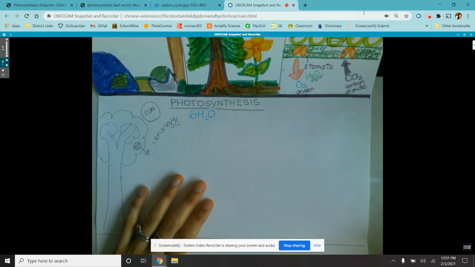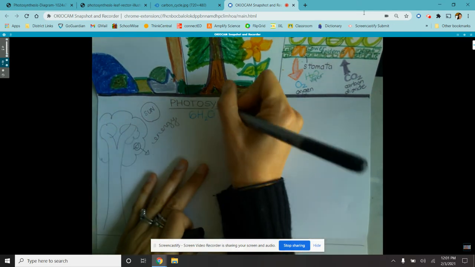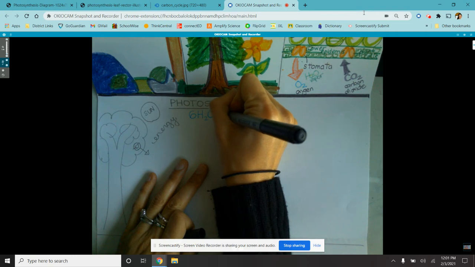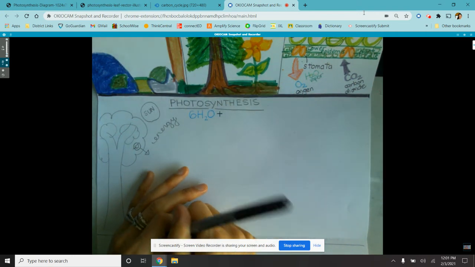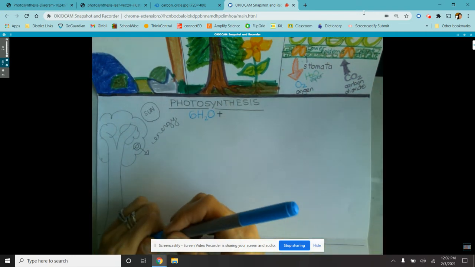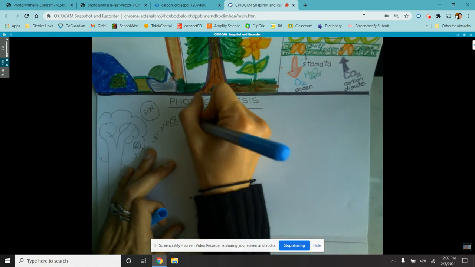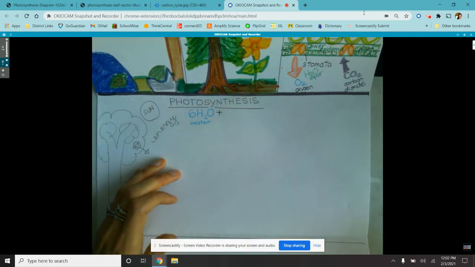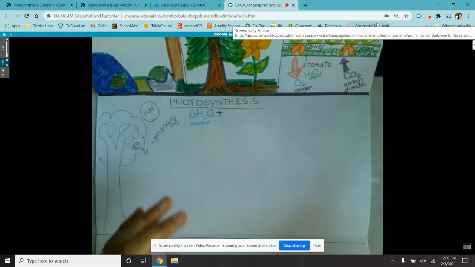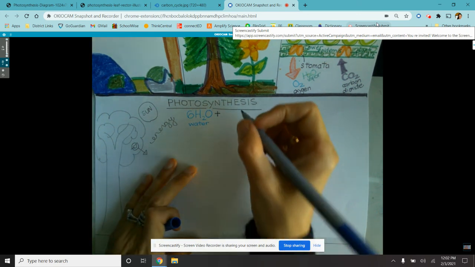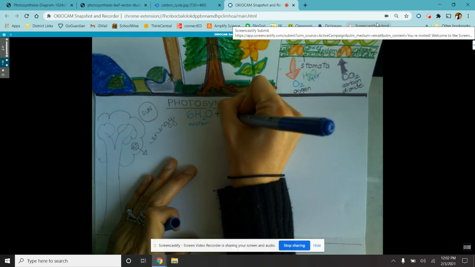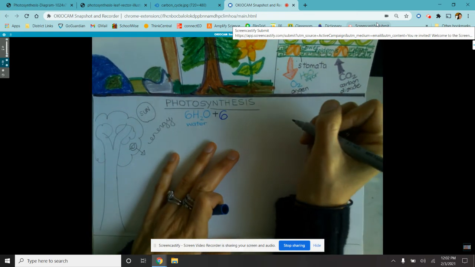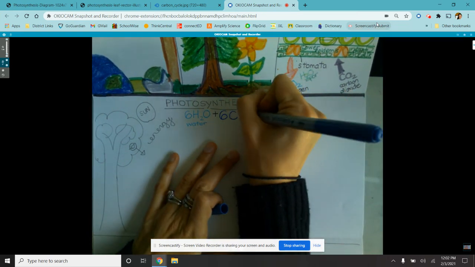So we have 6 water molecules, H2O. If we want to write this in, I guess we'll just write it in underneath. Water. We have carbon dioxide. So carbon dioxide, 6 molecules of carbon dioxide.